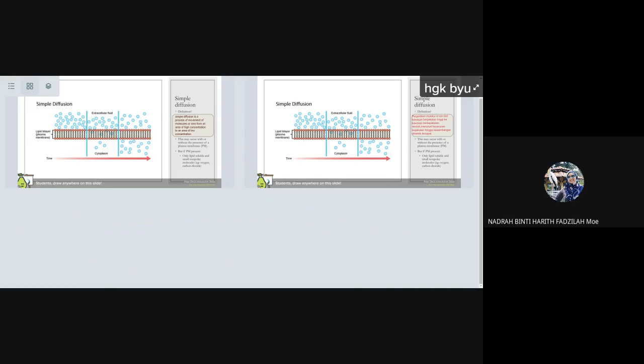You can also say simple diffusion is a process of movement of molecules or ions down concentration gradient. Pergerakan molekul atau ion menuruni kecerunan kepekatan. Settle. Tak payah dah tulis high concentration area to low concentration area. Cuma kena tambah lagi satu syarat dekat sampel jawapan yang saya bagi ni, until dynamic equilibrium is achieved.